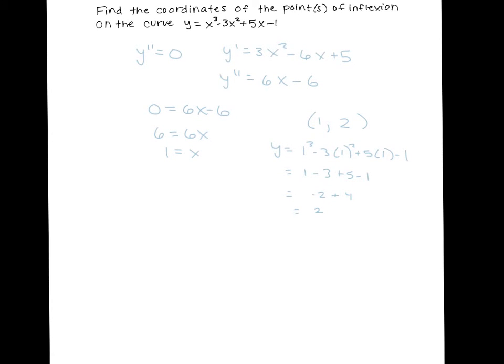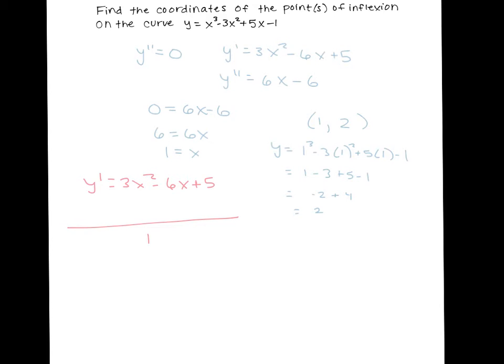Okay. My favorite way to check this out is to do the sign test as we know it with the first derivative. Okay? And so we take our first derivative, that's what we're going to use. And we take the x value of our ordered pair of our possible inflection point, and we're going to check.